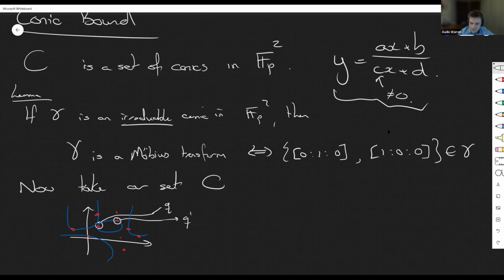So we just fixed these 2 points. And now, like before, if you remember before, we defined this set TQ, which were the transforms which went through the point Q. Well, here we're going to do something similar. We're going to define the set C, Q, Q prime. So these are now going to be the conics that go through both of these points, right?